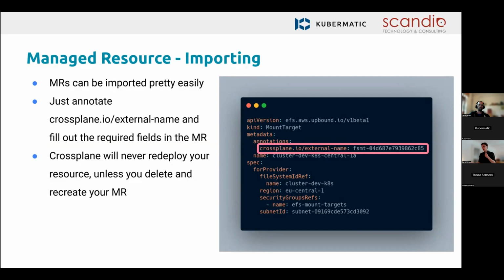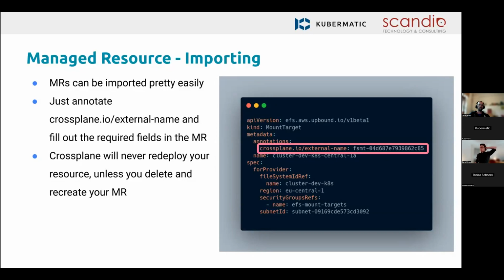There's an easy way to do that in Crossplane. You just add this Crossplane external name annotation to your resources, and Crossplane will try to import this resource under its own management.